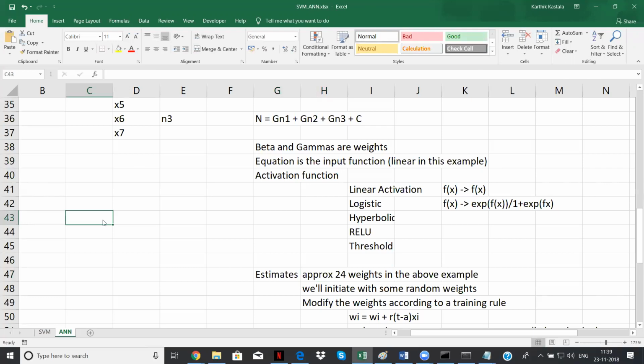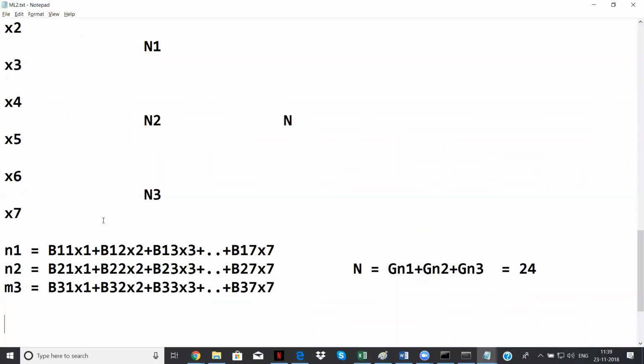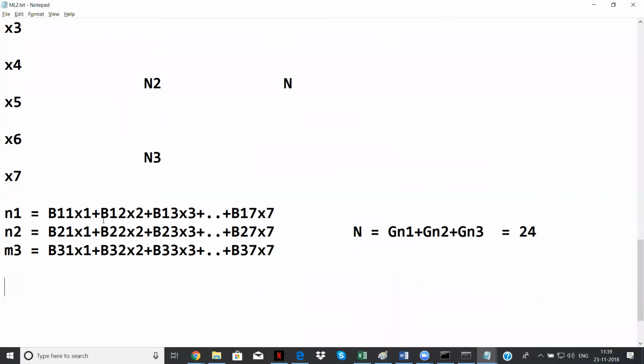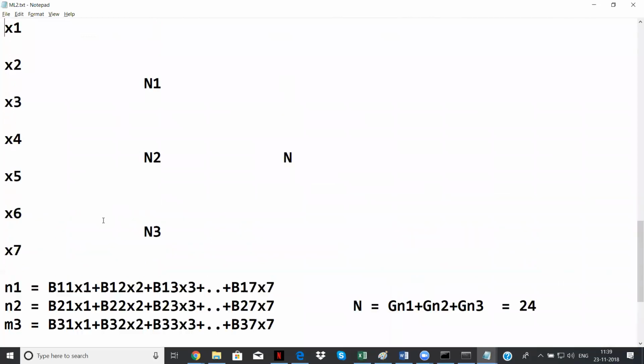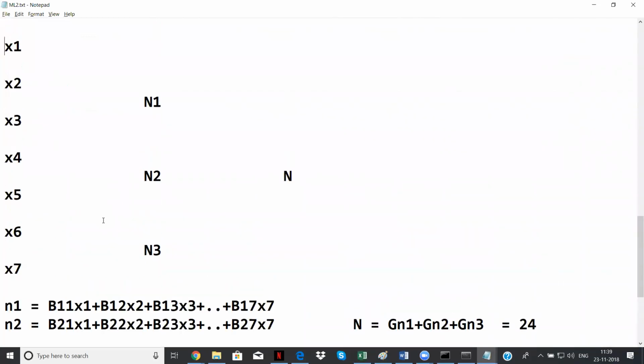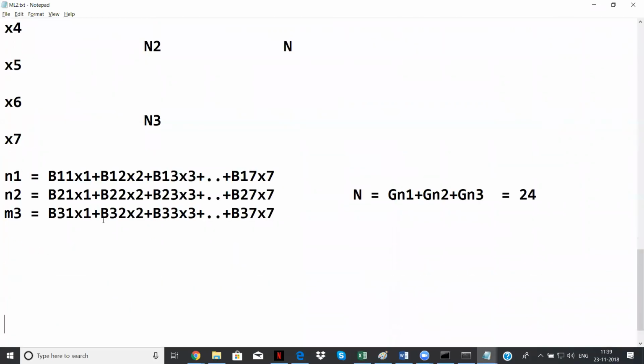Now, how do we begin? Like I said, you have built this neural network using these equations, all fine. But now I have my linear equations, but I don't have my betas, right? Where do I derive these betas from? I'm not sure about where to begin.